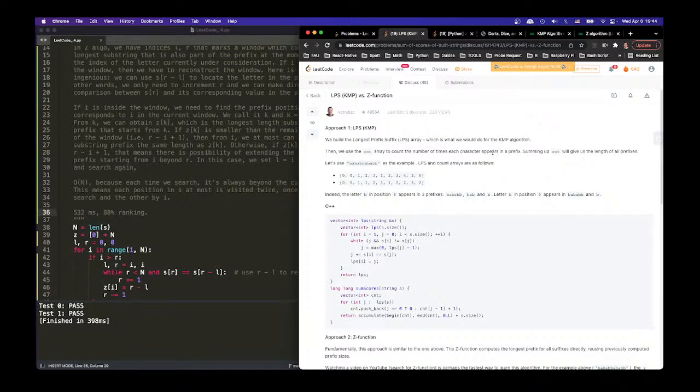Wait, how do we do this? I tried KMP yesterday. It didn't work. And a count array. Then we use the count array to count the number of times each character appears in a prefix.